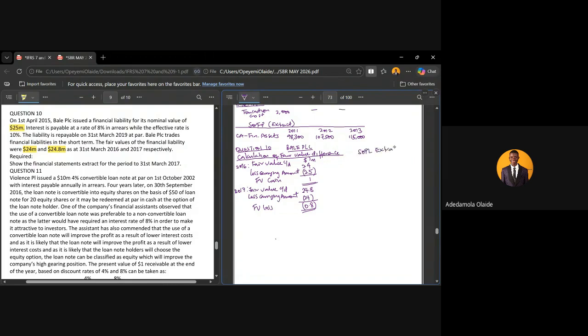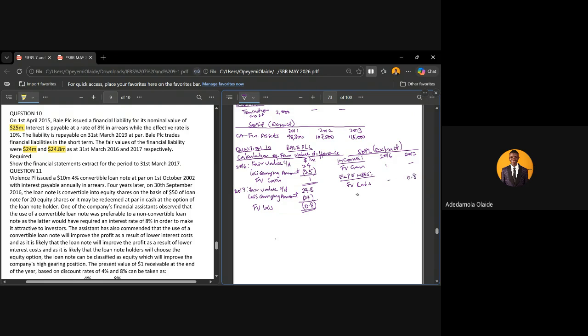SOPL extract will be what? 2016 and 2017. Income: fair value gain. That was in 2016, 1 million. Then expenses: fair value loss, 0.8.